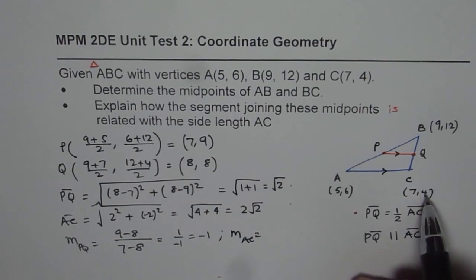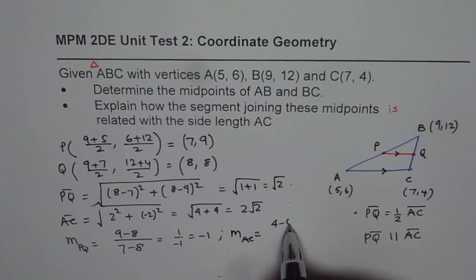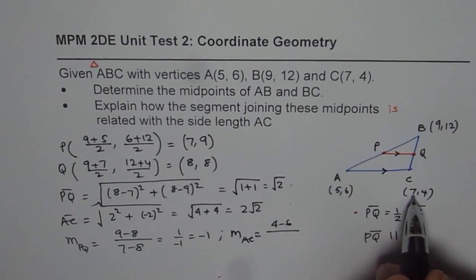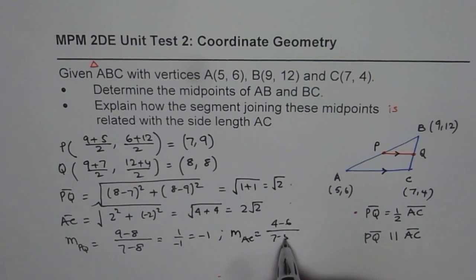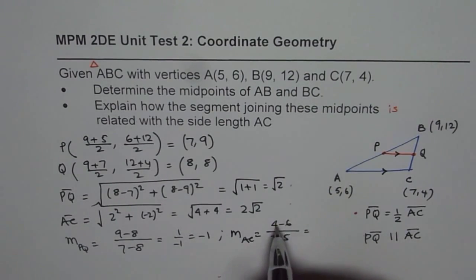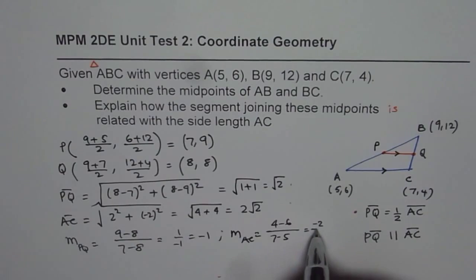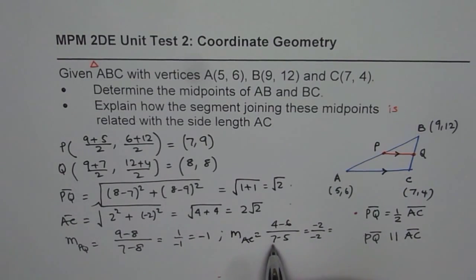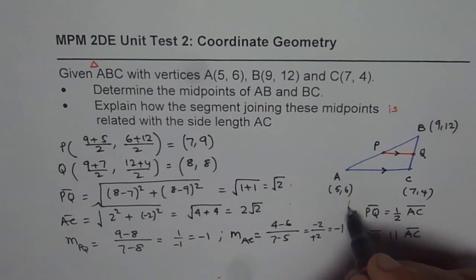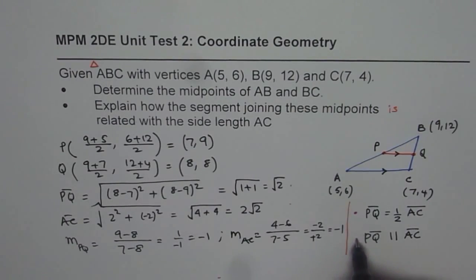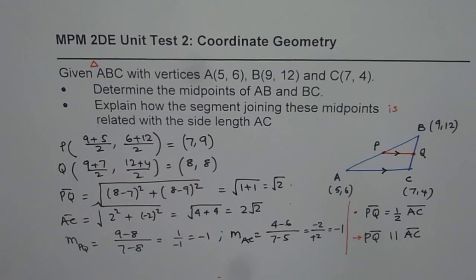Change in y values 4 minus 6 over change in x values 7 minus 5, which is minus 2 over 2, which is also minus 1, correct? So we get that they have the same slope. Since they have the same slope, these two lines are parallel. So that is how you have to prove it.